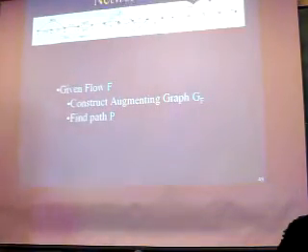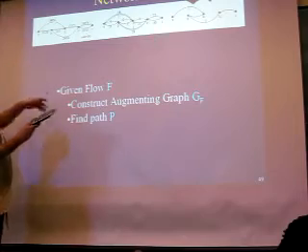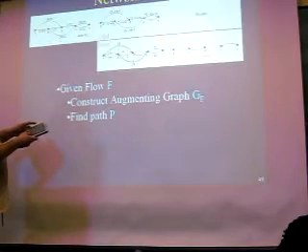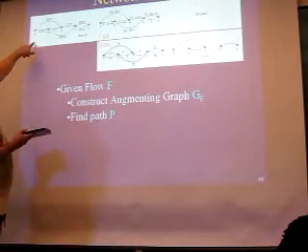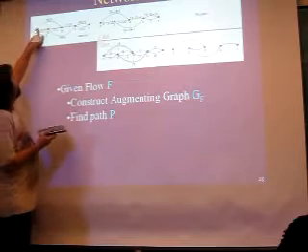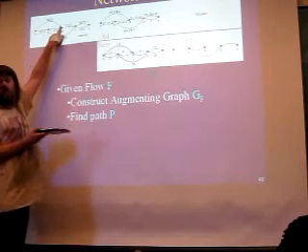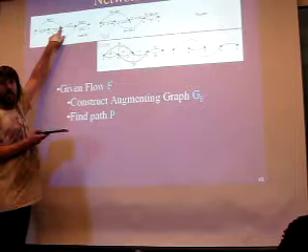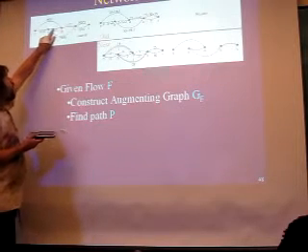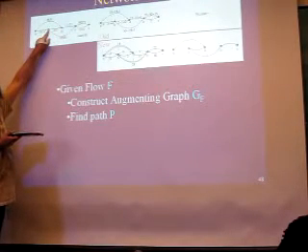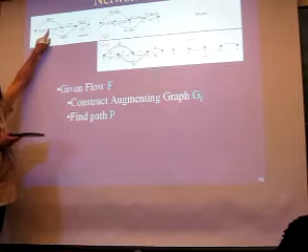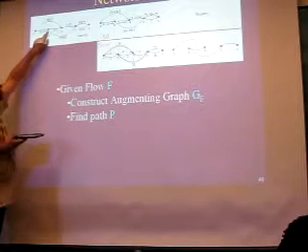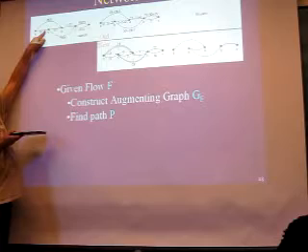So then we build our new flow. We have here 19, we push 1 through, you're going to get 20. We have 2 here, we push 1 this way, what are we going to get? 1, it's 2 minus 1 is 1, because we're going backwards.